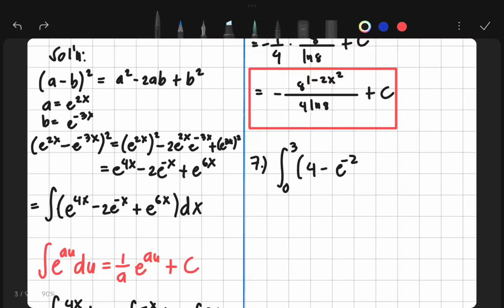Wait, my z looks like 2. Let me clear this one. That is z, not 2.